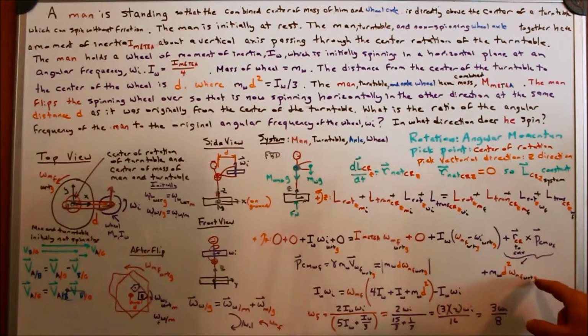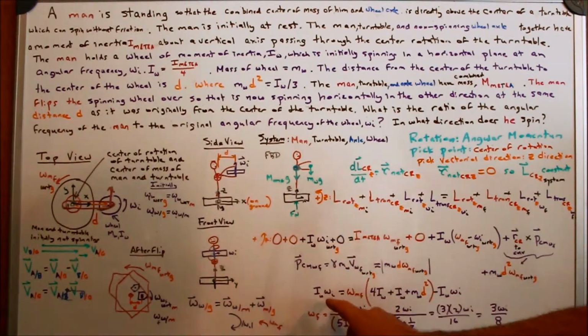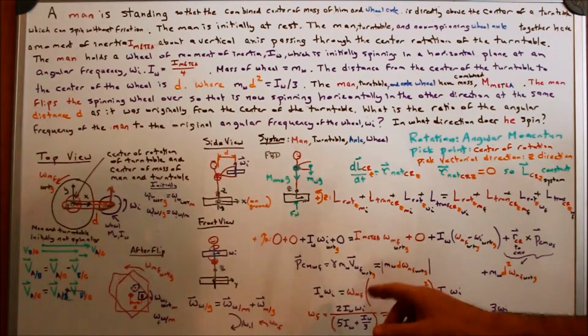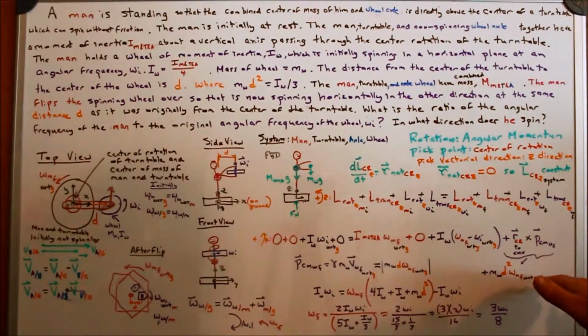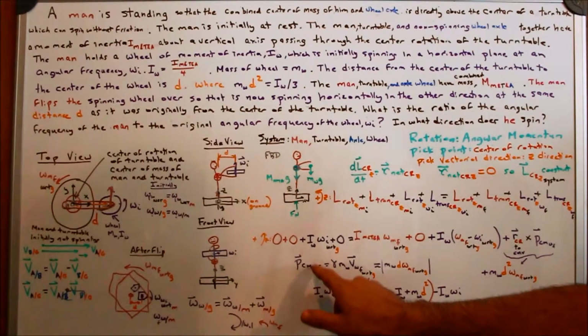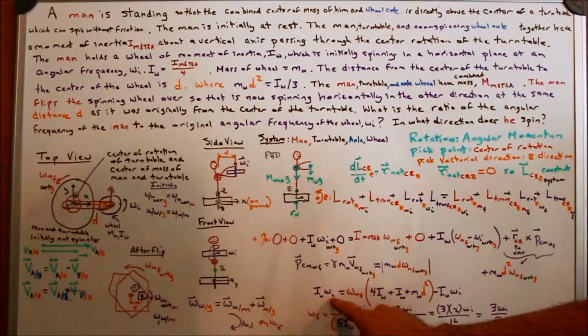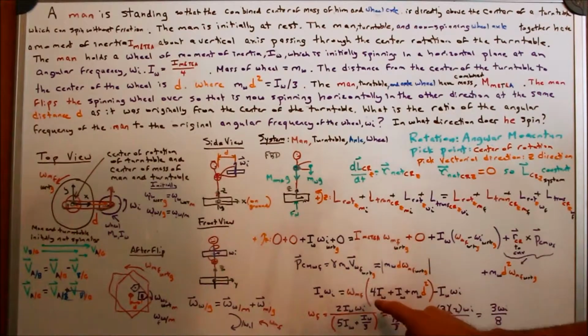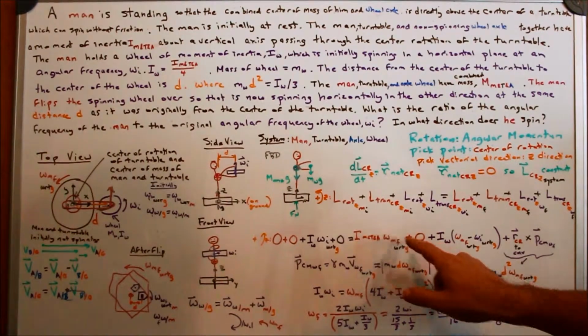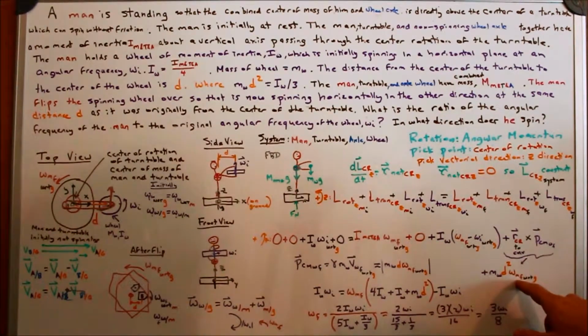So now we've defined all these terms. We just need to do some algebra and simplify. I dropped the subscripts with respect to ground because everything is now with respect to ground, just to make it a little less lettering on the board. But we have I omega initial on this side. Now we have this term and this term, which have omega final of the man.